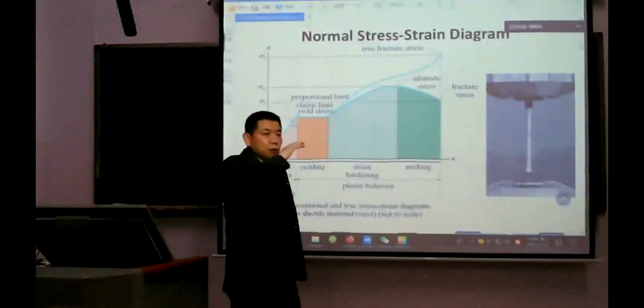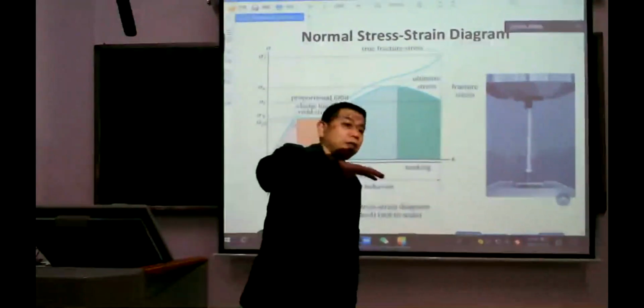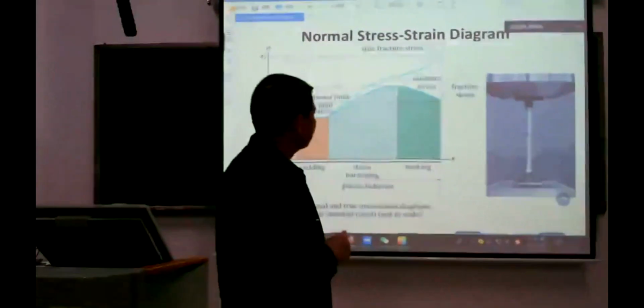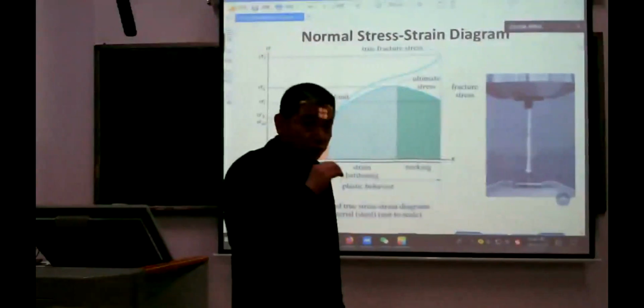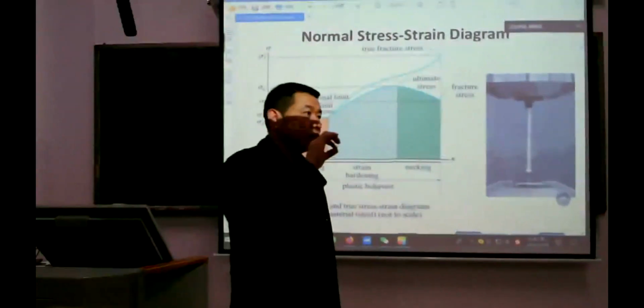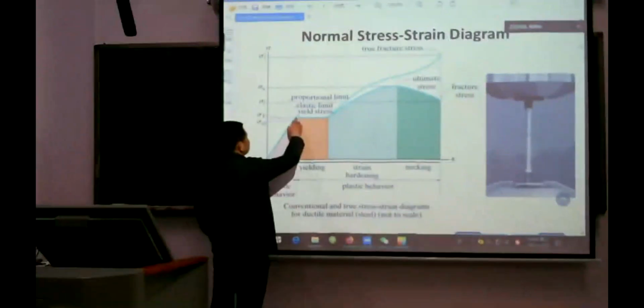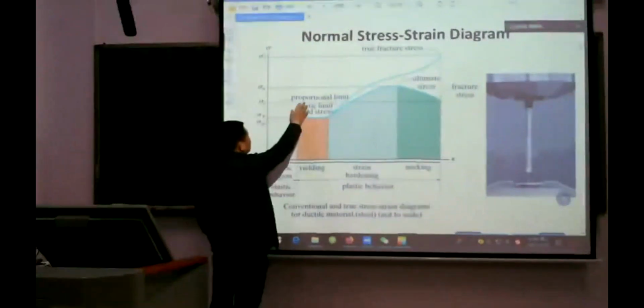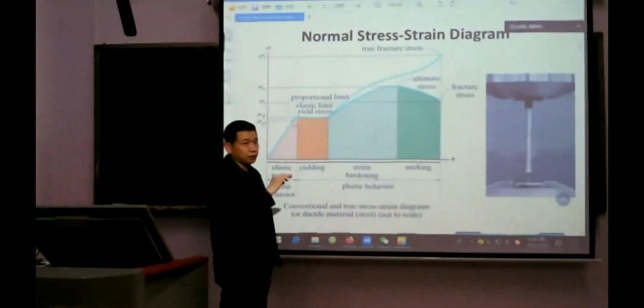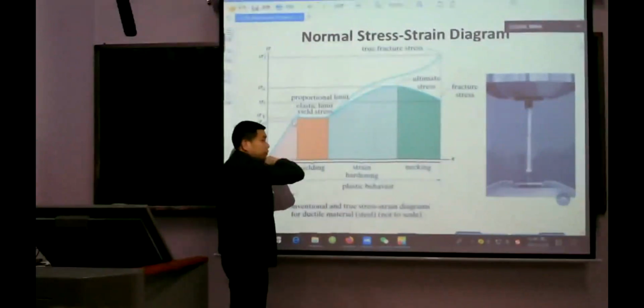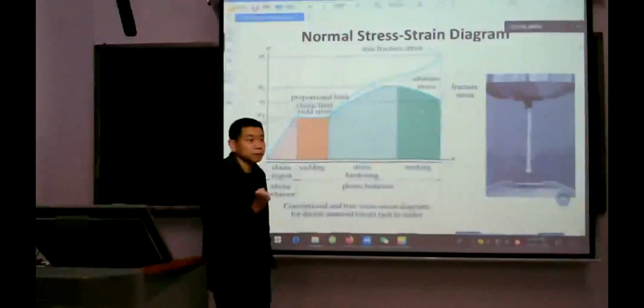It means when the stress is less than the proportional limit, the line is a straight line. After the stress is more than the proportional limit, the line becomes a curve.